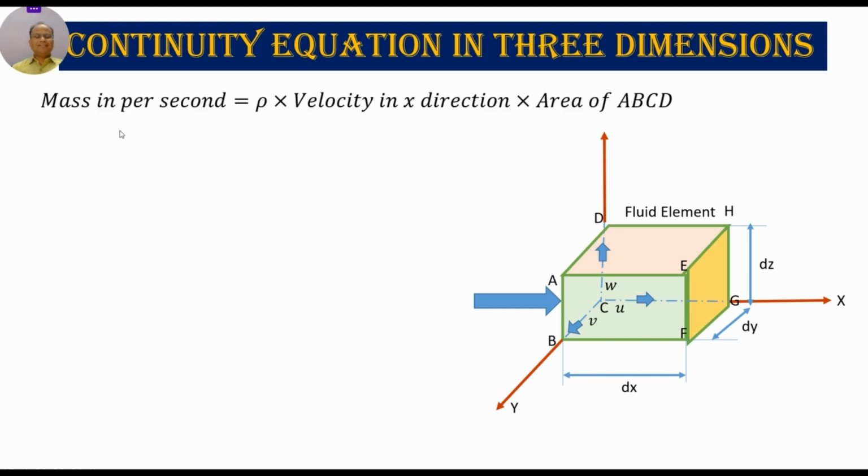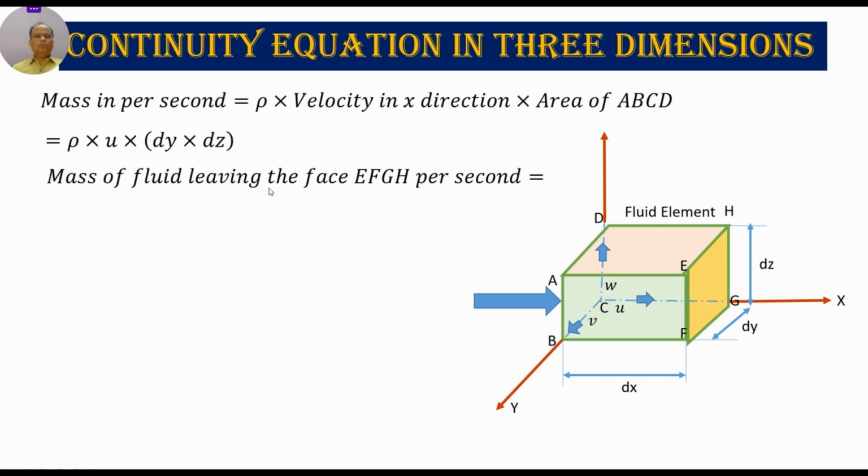So mass in per second is nothing but rho into velocity in x direction into area of this face A, B, C and D. The velocity in x direction is u, and the area of ABCD is this dimension multiplied by this dimension. This dimension is dz and this dimension is dy. So we write the equation accordingly: rho into u into dy into dz.